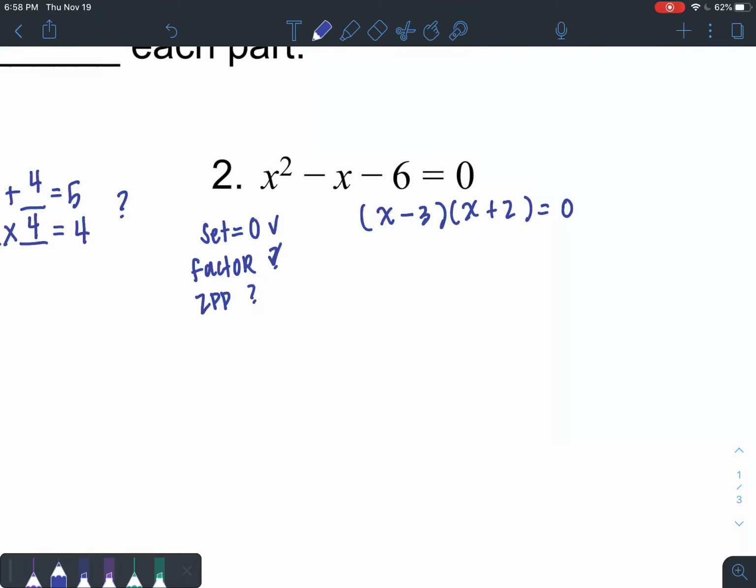Now, ZPP, go ahead and do that on your own. So you have x minus 3 equals 0 and x plus 2 equals 0. Done. Now solve. You should have got x equals 3 and x equals negative 2.